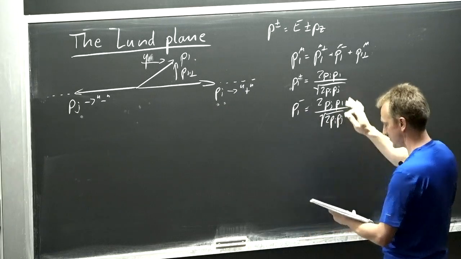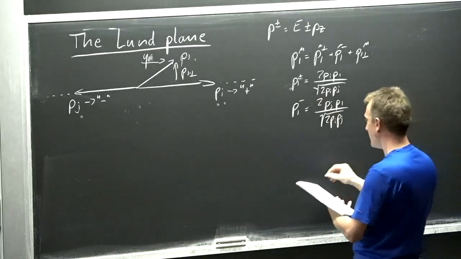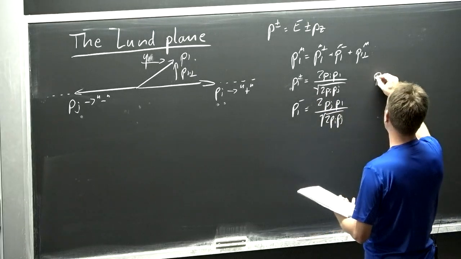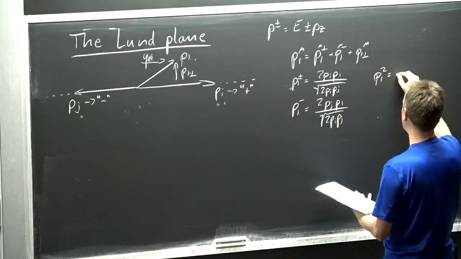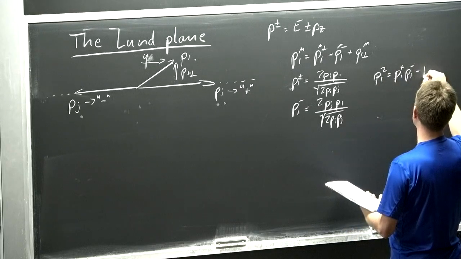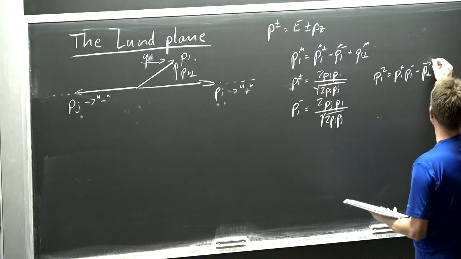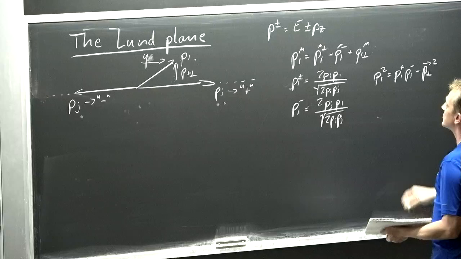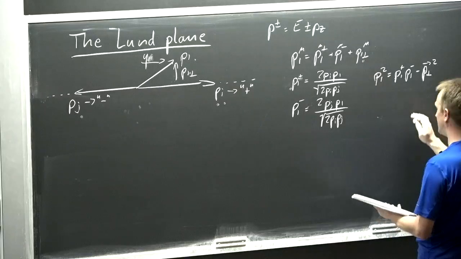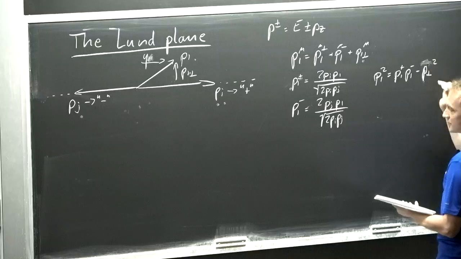Okay, so there's still some normalization issue here, but it will drop out in the end for what I need. Also, I know the on-shell condition for P1, which is P1 plus times P1 minus minus P perp squared. Here P perp is a 4 momentum. Here P perp is a 3 momentum, but I will skip the vector notation, okay?